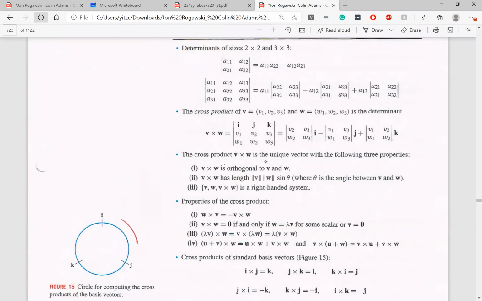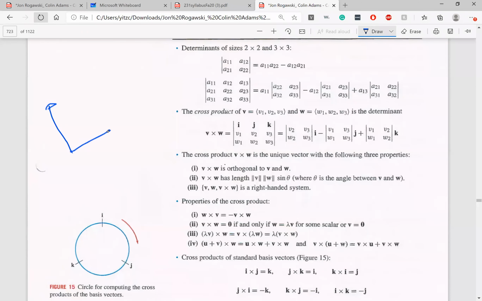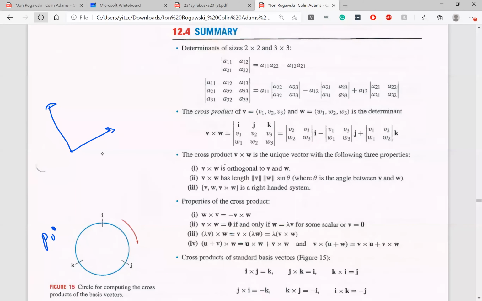For example, I can give you two vectors and tell you to find the equation of a line that goes through some point P0 and that is orthogonal to both of these vectors, both the vector v and the vector u. So find the line that's orthogonal to both of these vectors and goes through the point P0.